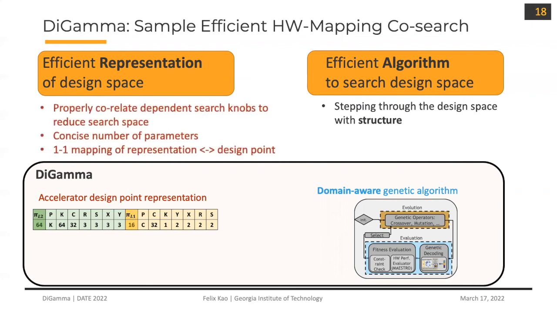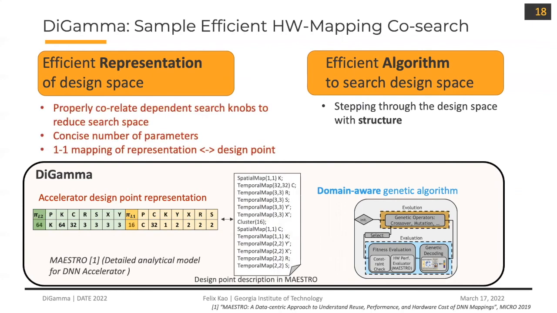Another feature we did not show in detail is that this representation can infer a one-to-one mapping to the hardware cost model we use, Maestro. On the algorithm side, we talked about several operators, and the exploration step of each operator is specifically designed for the design space exploration problem, so they are not exploring randomly, but in a structured manner.